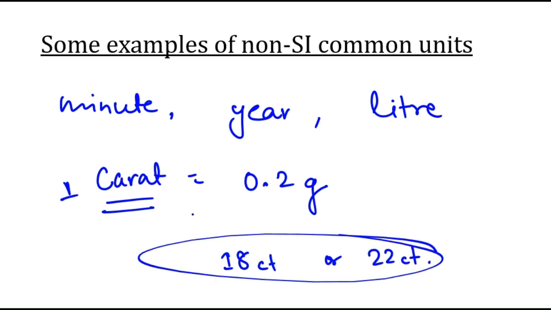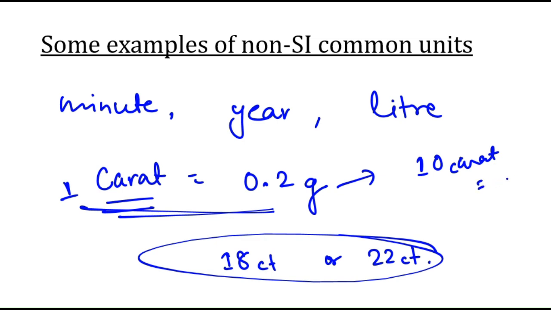So this carat is different from this. This carat is used for gemstones. If you are talking about a 10 carat diamond, it means a single piece of diamond weighing 2 gram.